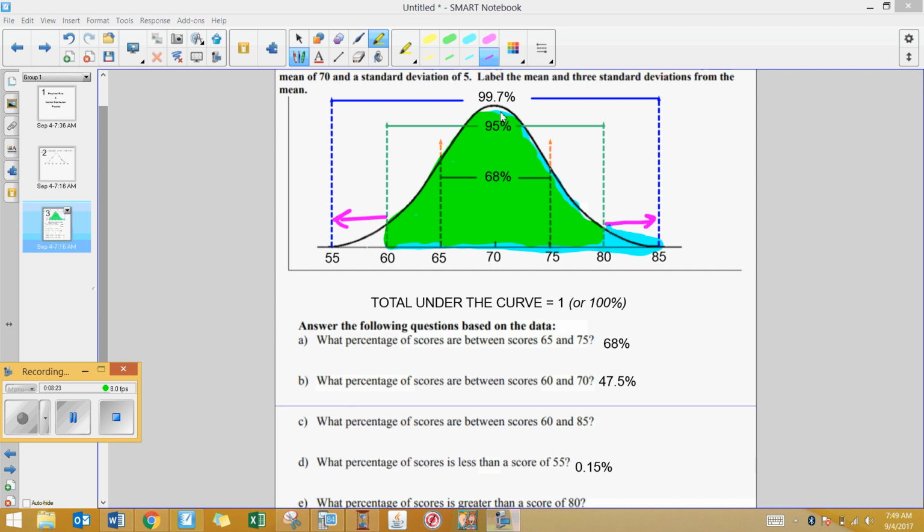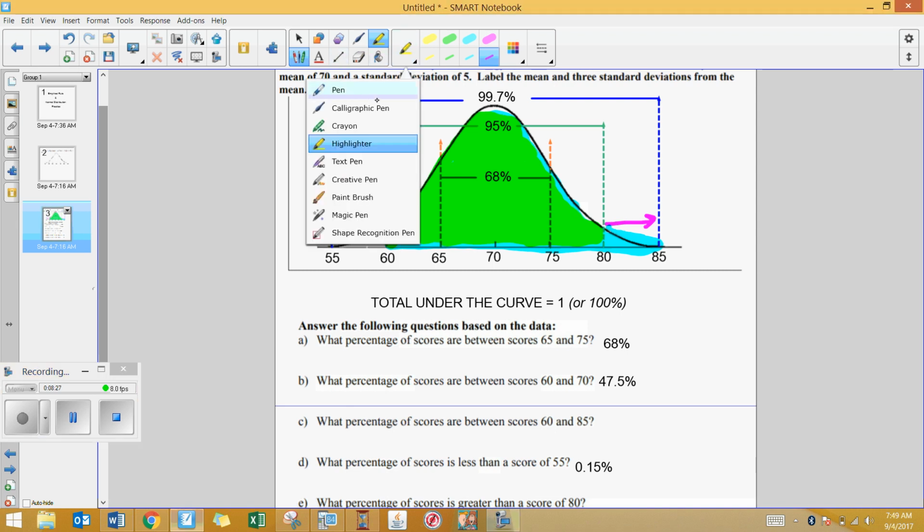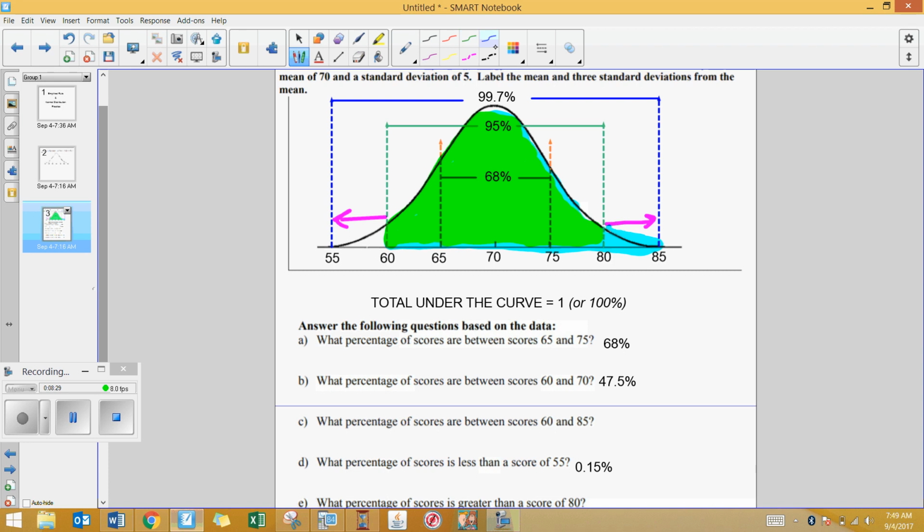Let's backtrack just a little bit, just to clear this up. So 99.7 and 95. I have almost all of the curve with scores between 60 and 85. I'm looking at this green piece, which is 95, and then this little bonus blue piece to the right.